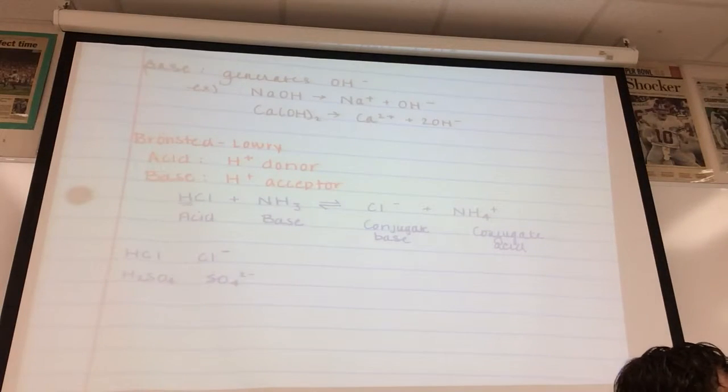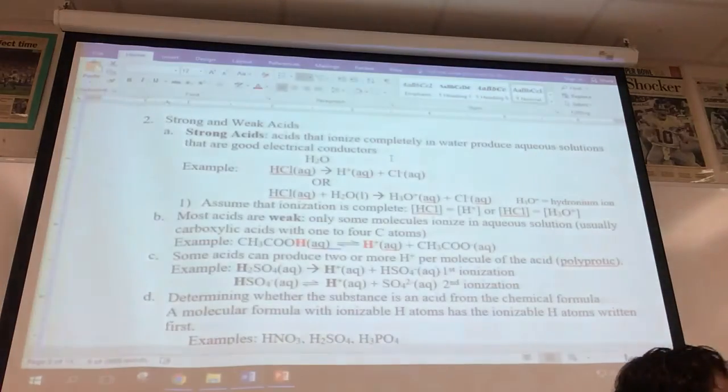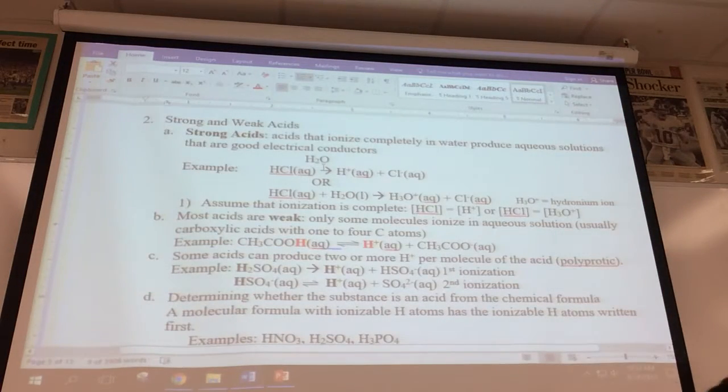Okay. The other thing I want to just review with you is some acids are strong and others are weak. Now this is not based on the concentration, but rather whether the acid ionizes completely.